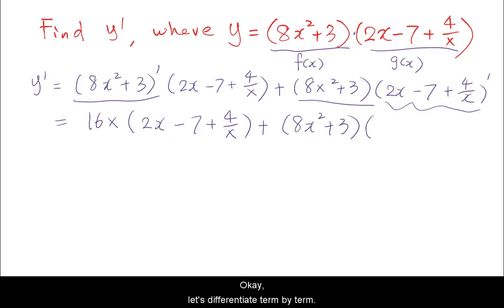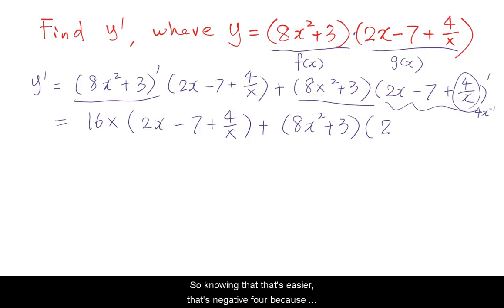Let's differentiate term by term. Derivative of 2x is 2. Minus 7, the derivative of negative 7 is 0. Now it comes to the derivative of 4 over x. You can see that as 4 times x to the negative 1.